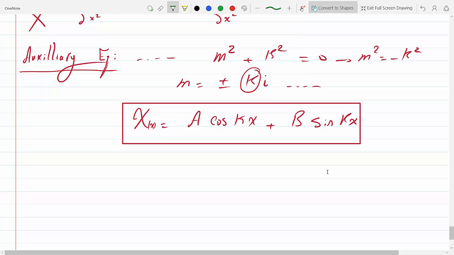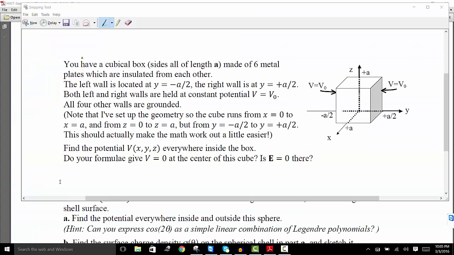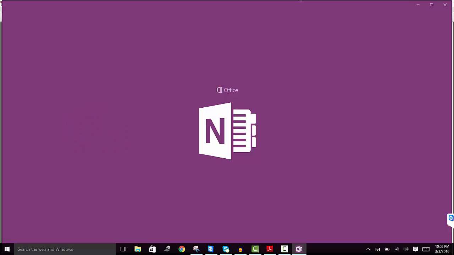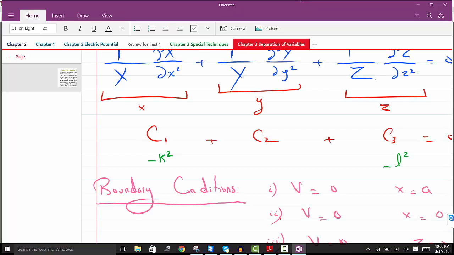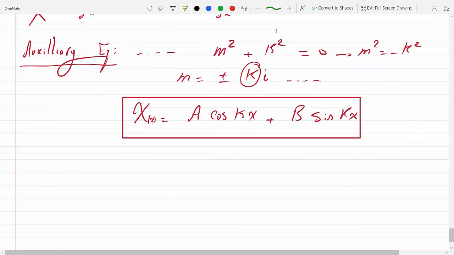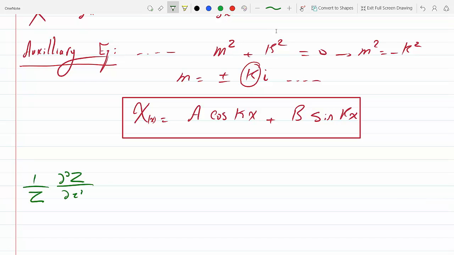So I have 1 over Z, d squared Z over dz squared equals, we said, minus L squared.